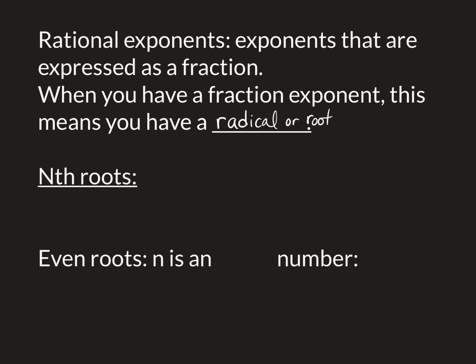And I want to draw you a little picture. And please draw it as well. And it's not normally like that. So when you have the radical symbol, that's what this is. This is the radical symbol.